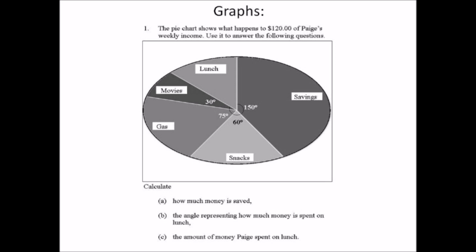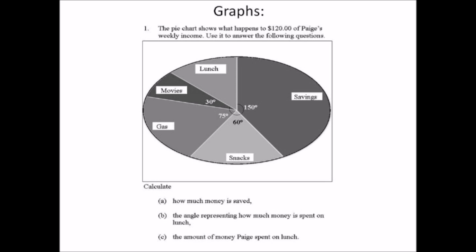Use a calculator and calculate how much the sector angle is for lunch, and then C, the amount of money spent on lunch. Once you get the sector angle, use that angle and figure out the amount of money.